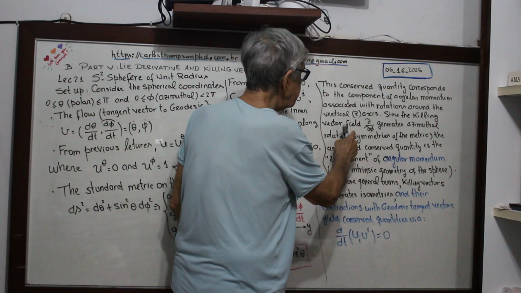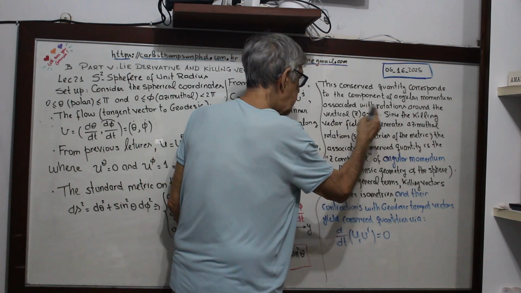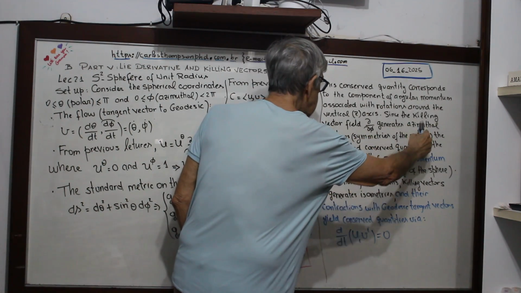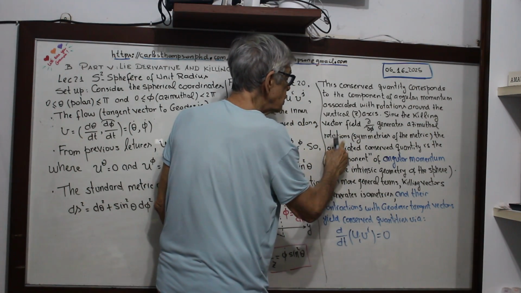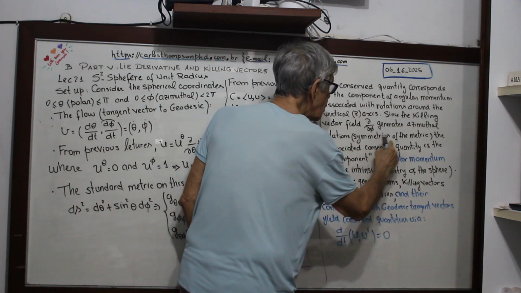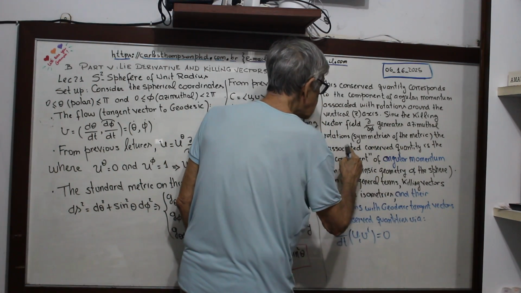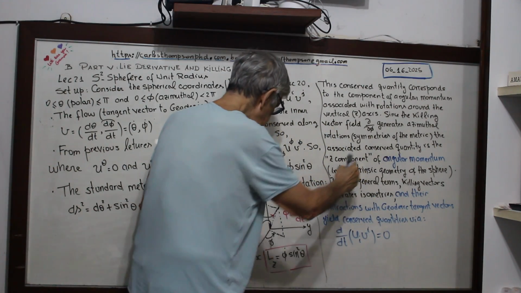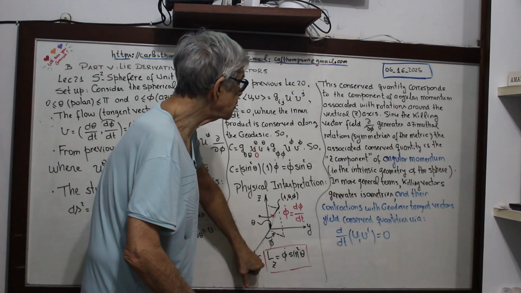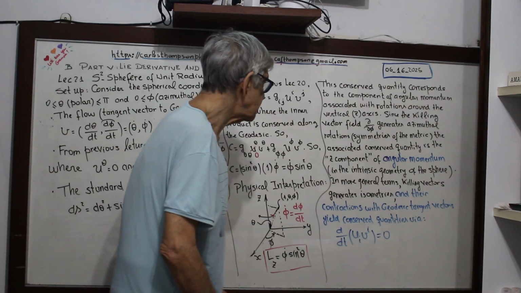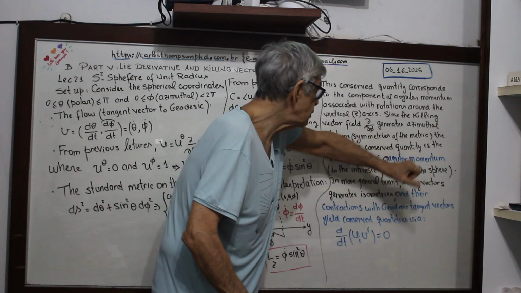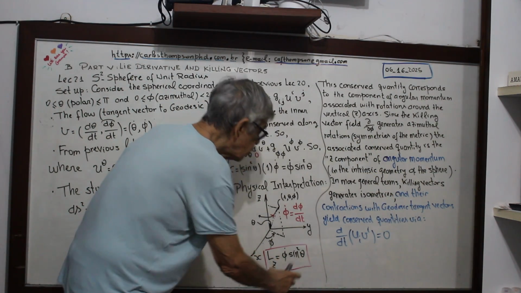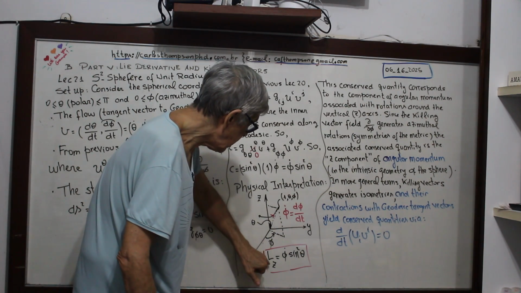Since the Killing vector field, this basis vector partial phi, generates azimuthal rotation. Attention, symmetry of the metric: the associated conserved quantity is the z component. This is Lz here, the angular momentum. On the right hand side is the angular momentum represented by L sub z.